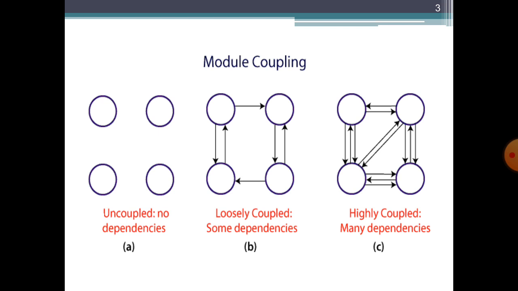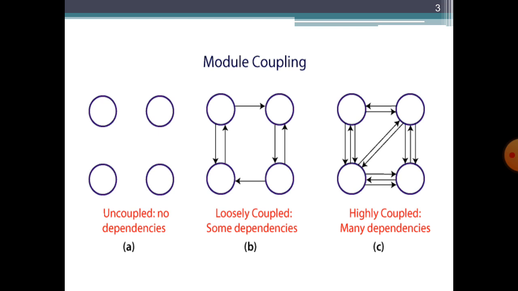So the figure A is most beneficial for our software design because it is not coupled, and as I said, a good program should have minimized coupling. In figure A our modules have no coupling, so we can declare it has zero coupling.